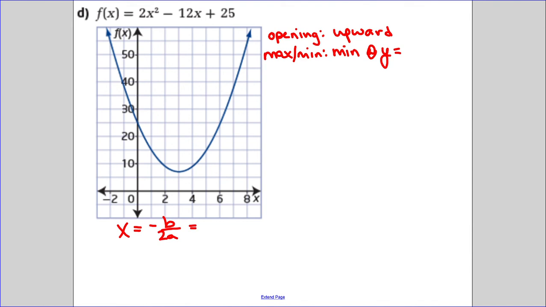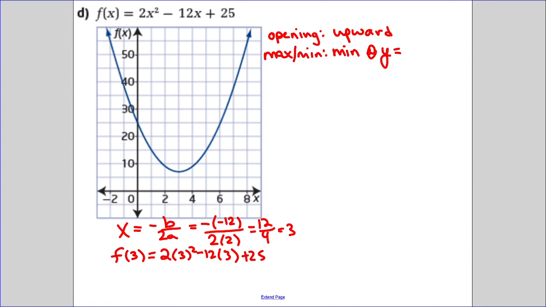So minus negative 12 over 2 times 2, which is really saying 12 over 4, which is going to give me 3. And then if I plug 3 back into my function, I'm going to have 2 times 3 squared minus 12 times 3 plus 25.